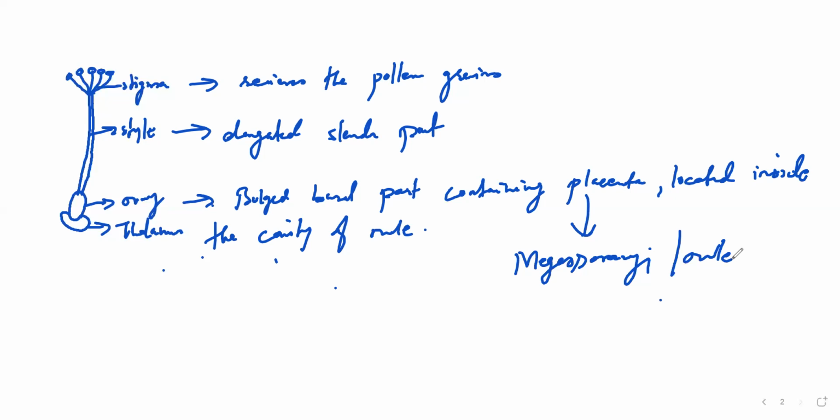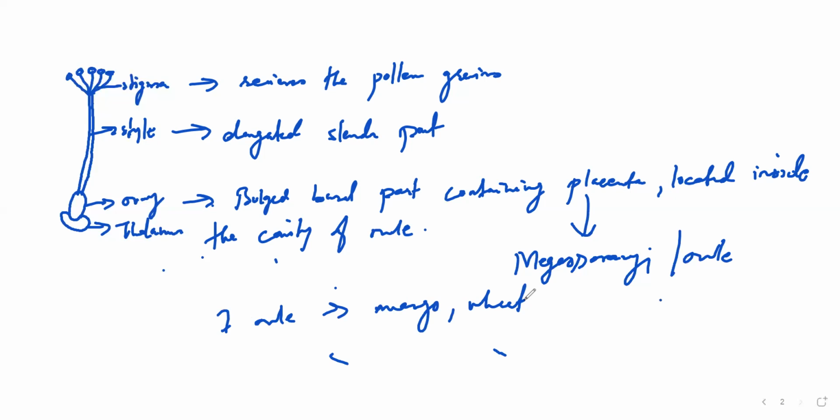Now how many ovules will be present? It may vary from plant to plant. For example, if only one ovule is present, the plants you can take are mango, wheat, all those plants. They will have only one ovule. If you take a mango and open it, how many seeds will you find? Just one big seed, right? So one ovule will be present.